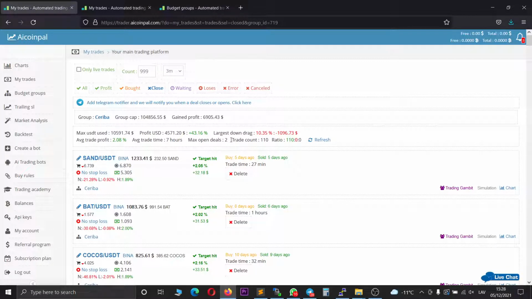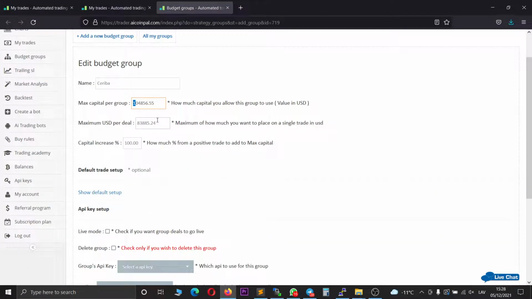So you have times where the budget is standing aside, not being used in trades. So at this point, what you can do is reduce. It's maximum 83,000. Strange. Anyway, I changed something, but these amounts should be equal.